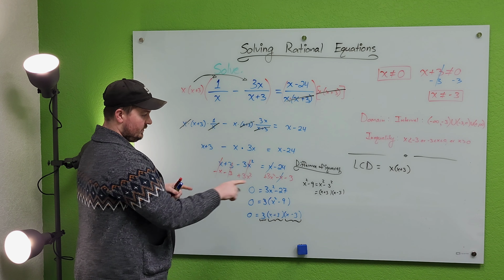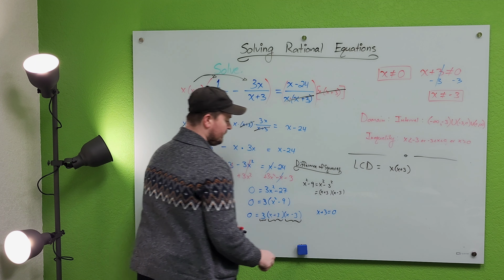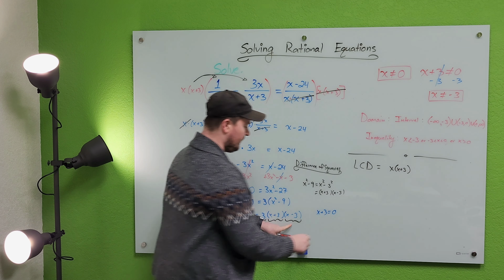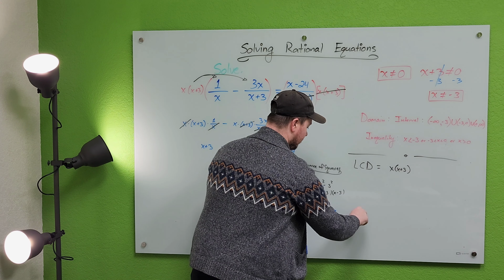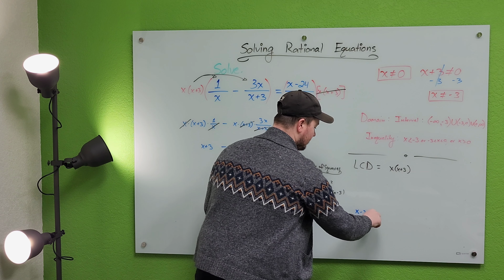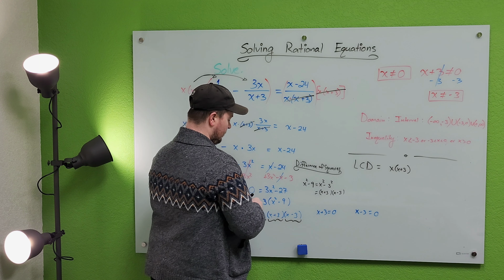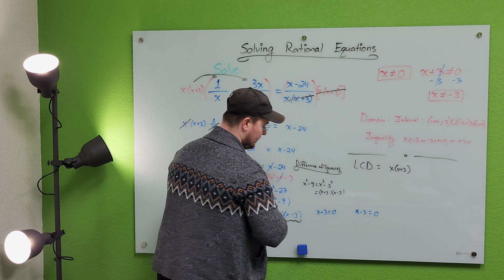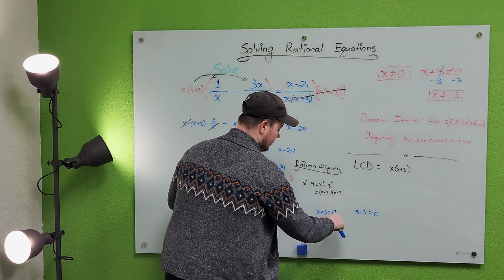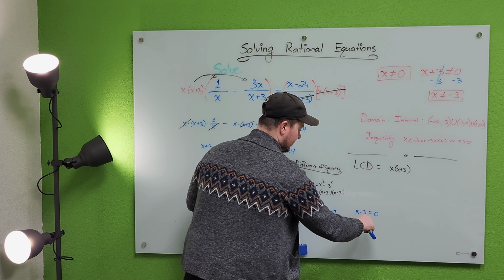So the first one, right here, we have x plus 3 from right here. We want that to equal 0. And over here, we have x minus 3. We want that to equal 0. So when we solve each of these for x, we're going to have to subtract 3, add 3.